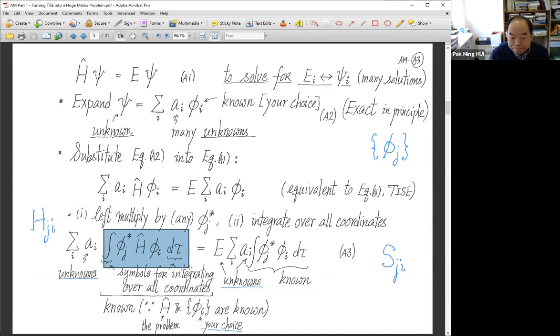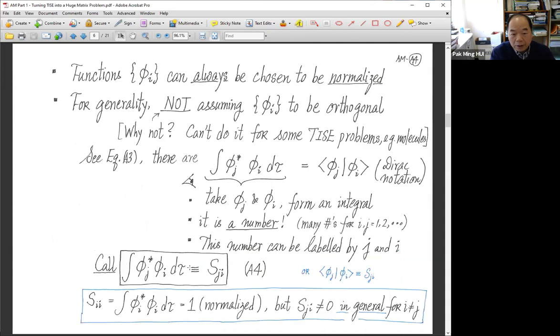Follow me? So here I will call this integral S_ji.